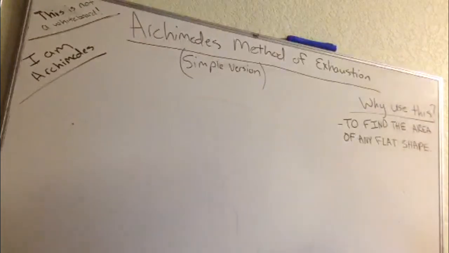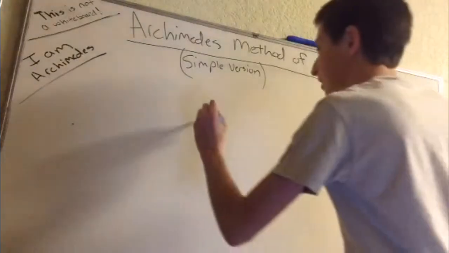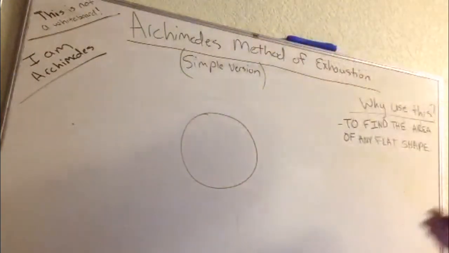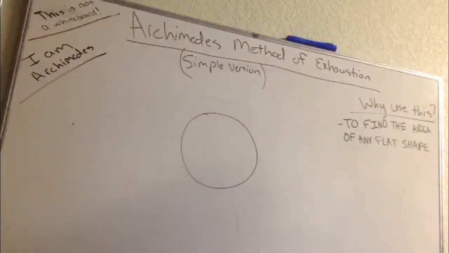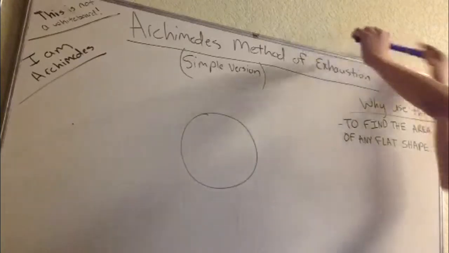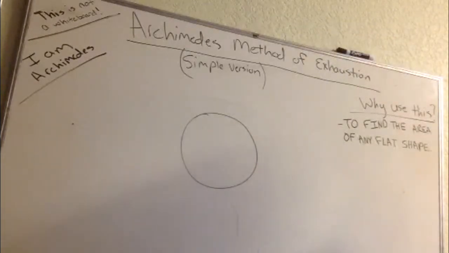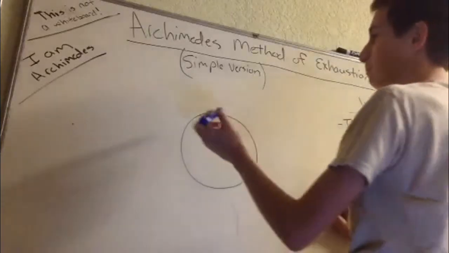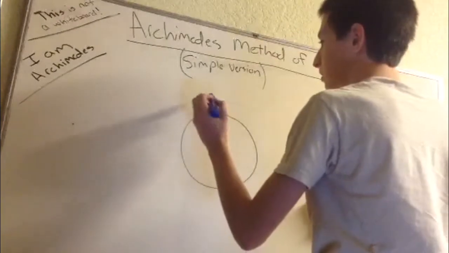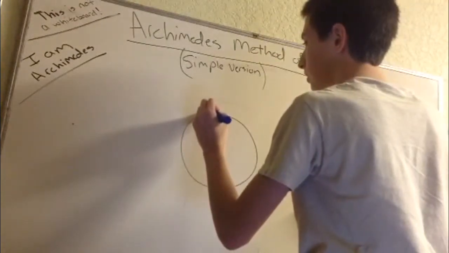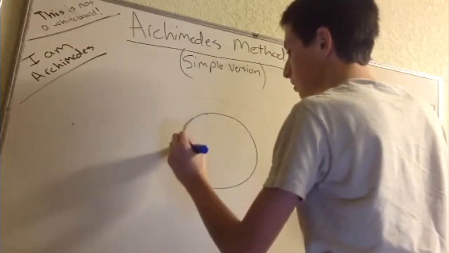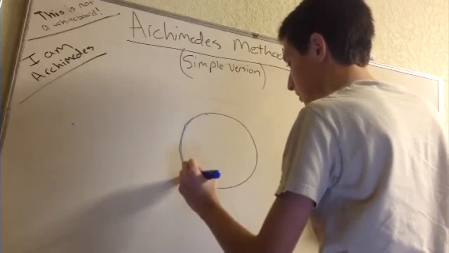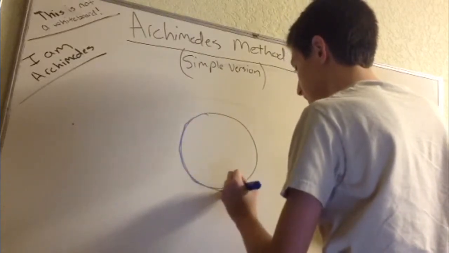Another way of doing this is, let me draw my circle again. Like I said, use any polygon. So let's use an octagon. I don't know if this is going to be an octagon, but it's going to be quite a few-sided polygon.